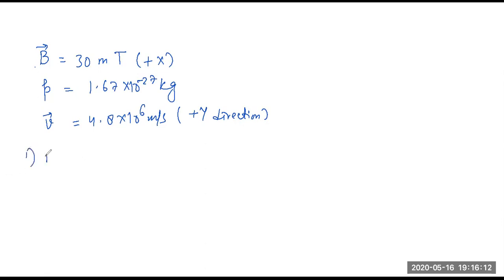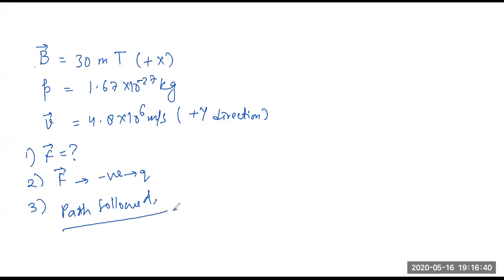Second thing is what will be the force on a negatively charged particle, if we make it negative, then what will happen? And the third thing is you'll have to tell me what will be the path followed. Right, simple. It's easy.